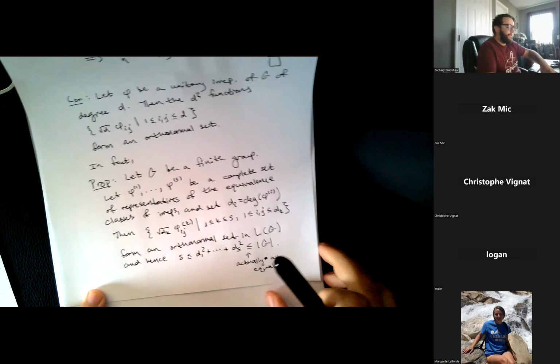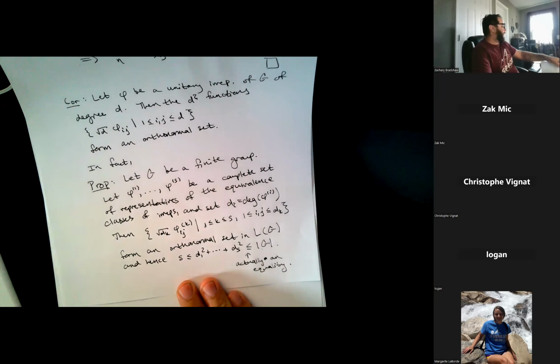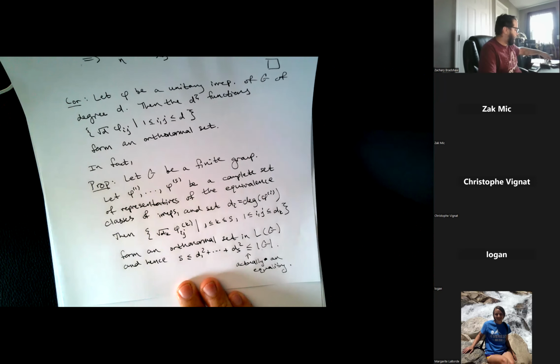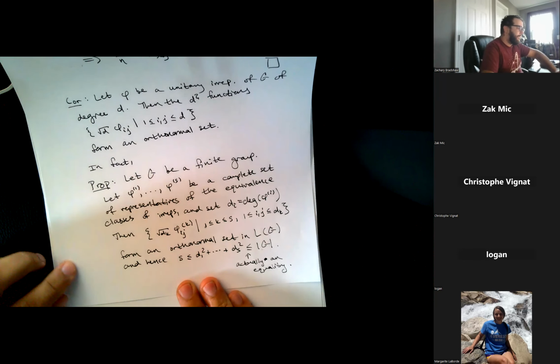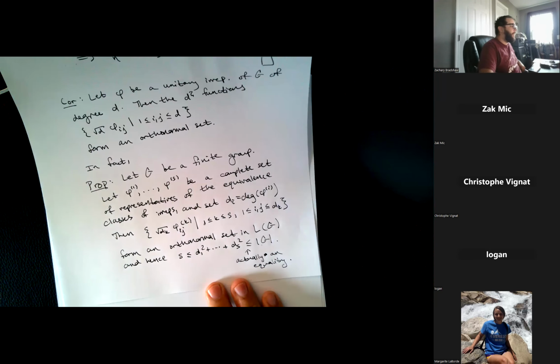Any questions? Where does the square come from? Can you re-explain that?